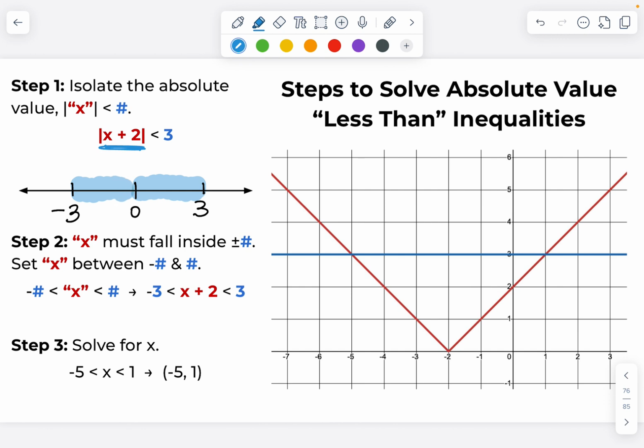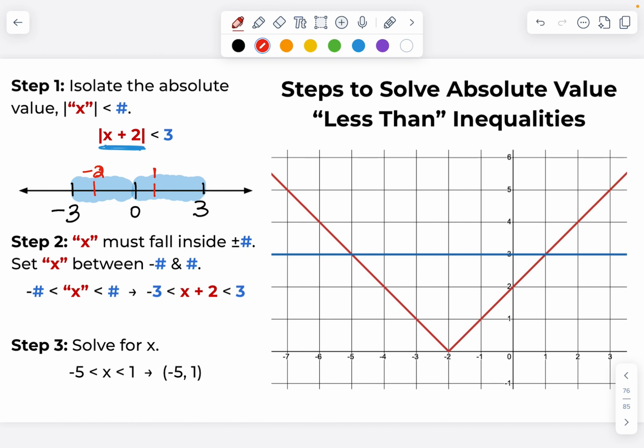Because if that whole thing, x plus 2, equaled negative 2, what is the absolute value of negative 2? Positive 2. Is positive 2 less than 3? Yes. Same thing if x plus 2 equaled 1.